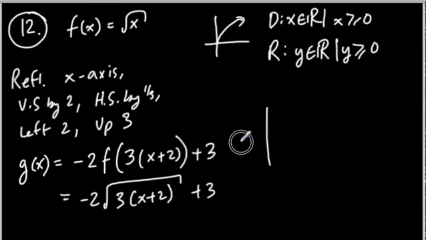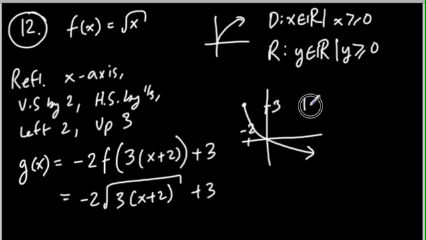Let's see what this looks like. Reflection across the x-axis means it's going to go down this way. Vertical stretch by 2. Remember, these don't really change the direction, they just change the shape. It's left 2, so it's negative 2, and it's up 3, so it's going to be there, and it's going to go like that.